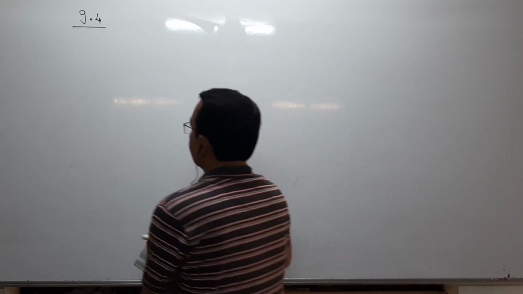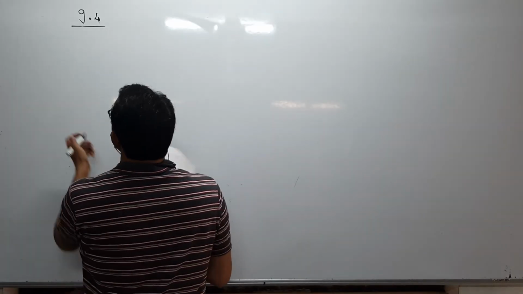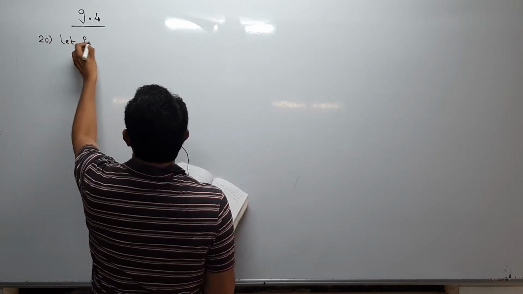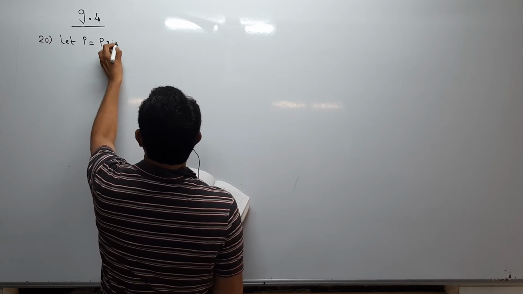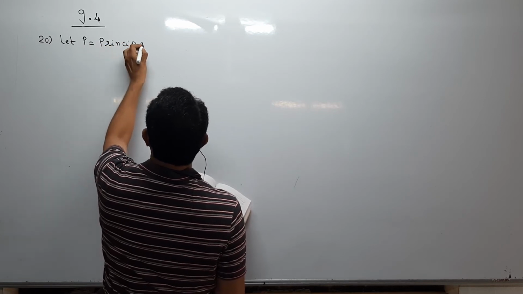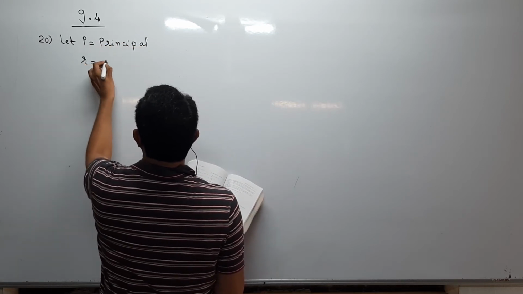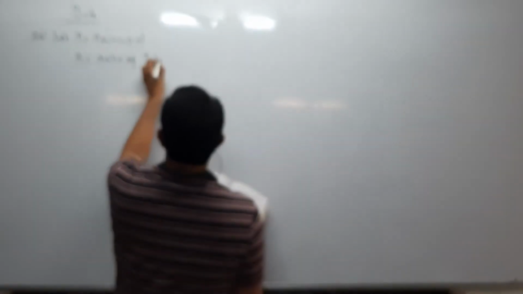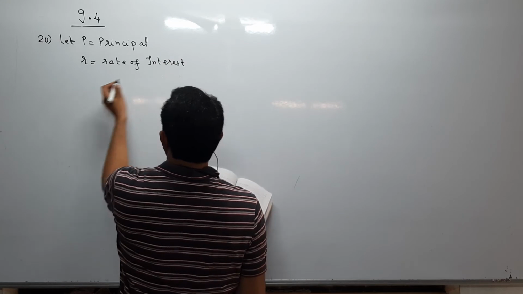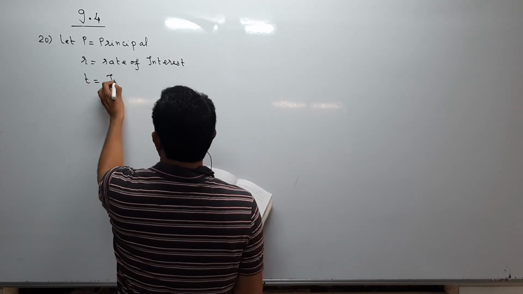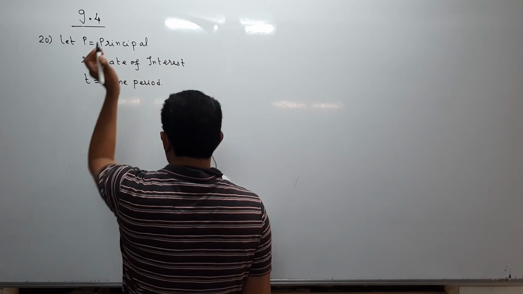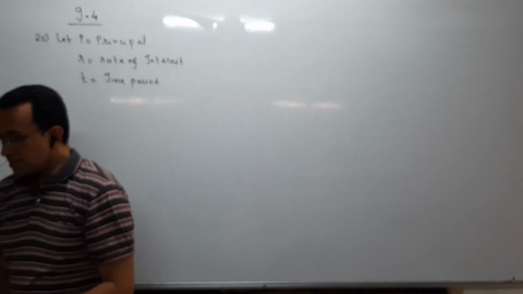So let us say word problem, students, number 20. Let P be principal, R is equal to rate of interest, and T is equal to time period. So what is given?